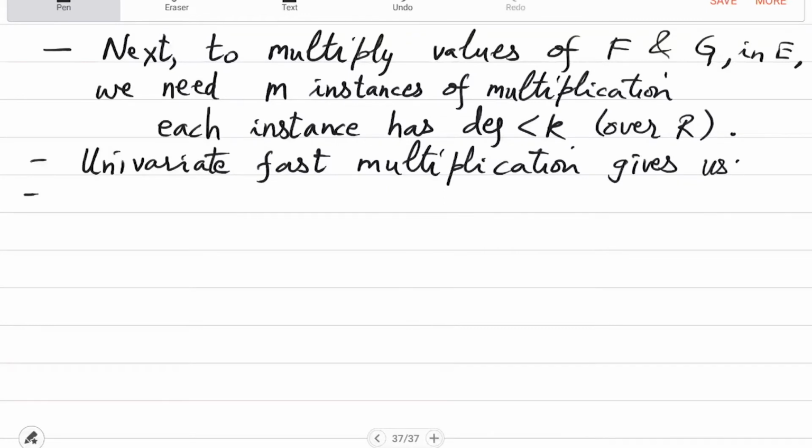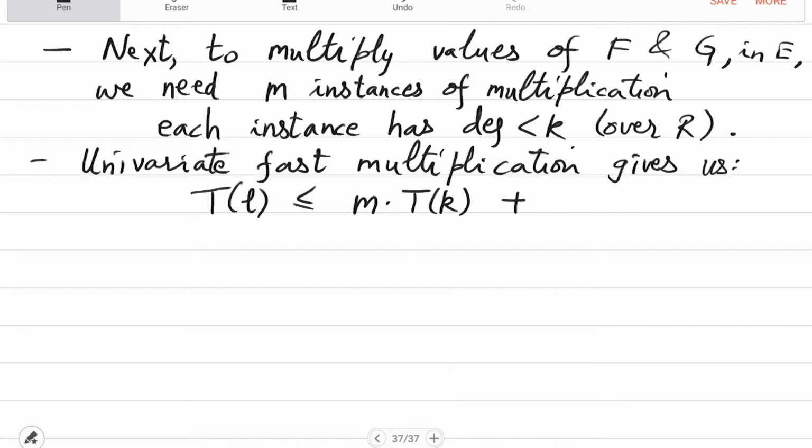gives us the recurrence. If the final time complexity is T(L), then T(L) is less than or equal to m times T(k). And what is the overhead?